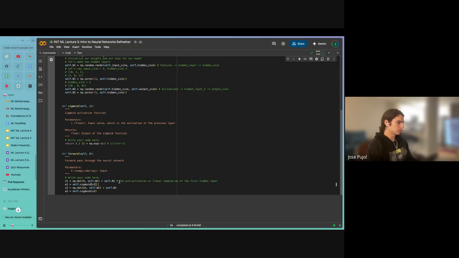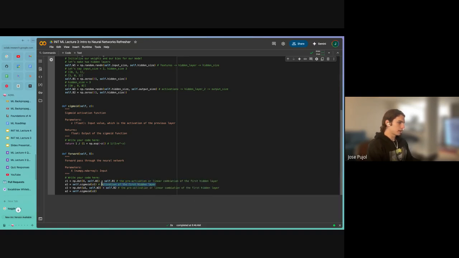And then this is the activation of the first hidden layer. And then you're going to have the same thing for the next one.